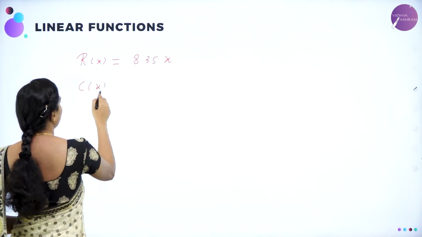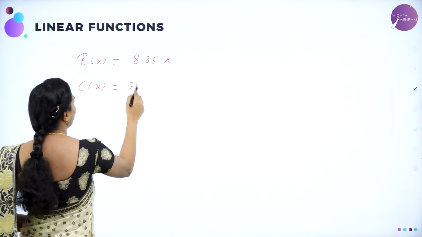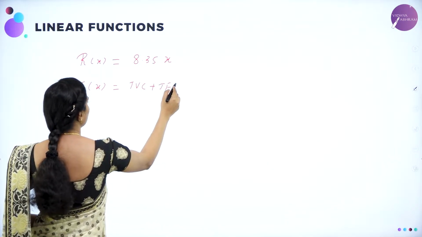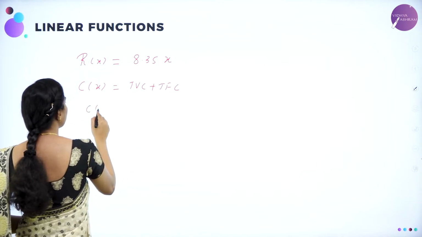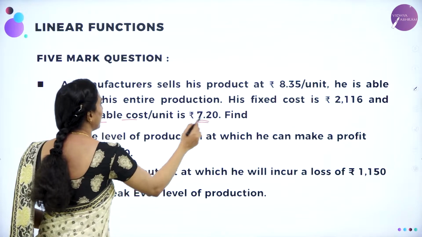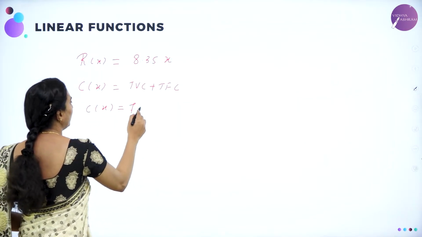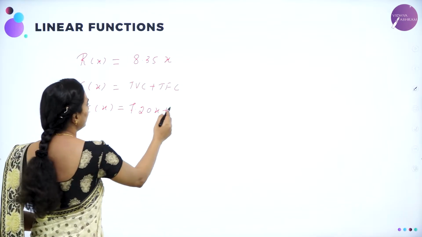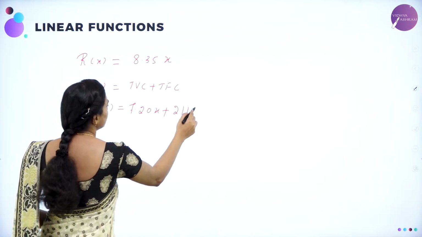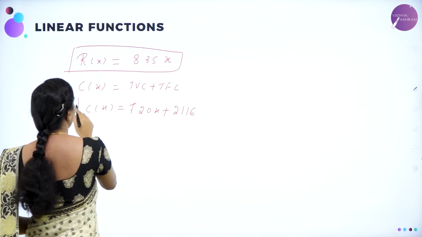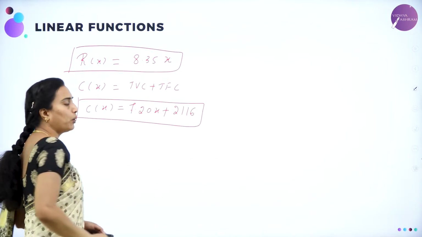Cost function will be total variable cost plus total fixed cost, which is nothing but C of x is equal to total variable cost 7.20 into x plus total fixed cost, which is nothing but 2,116.